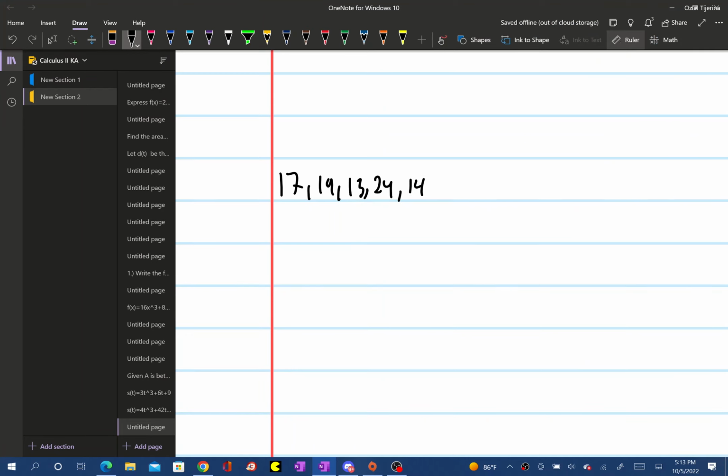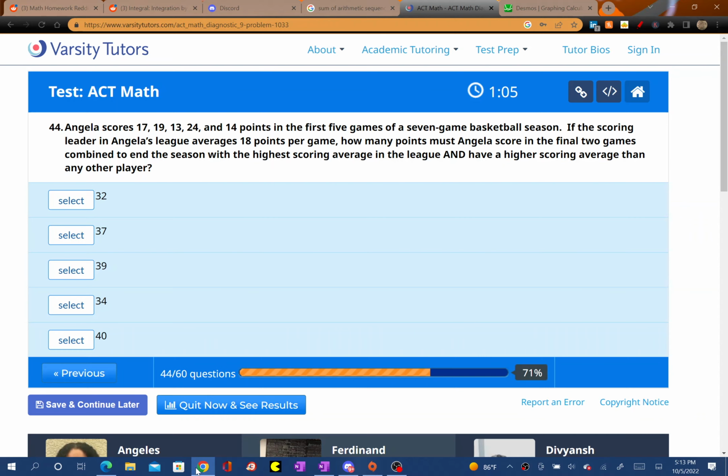Okay. And then it says that if the scoring leader in Angela's league averages 18 points per game, how many points must she score in the final 2 games?